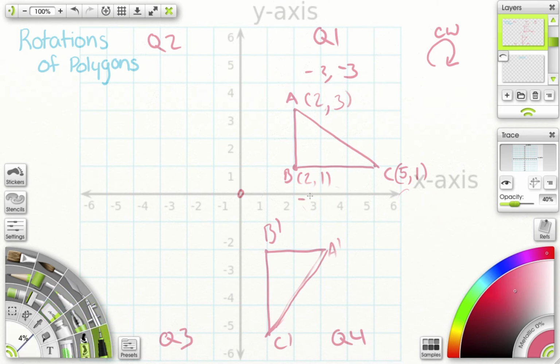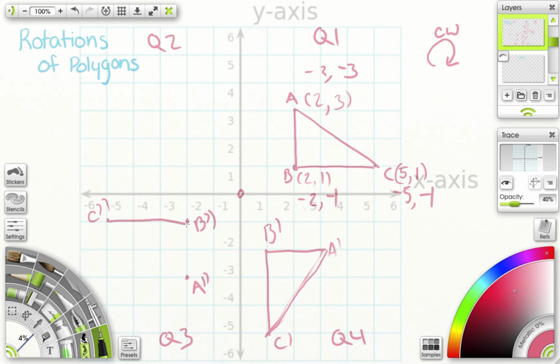So it becomes -2, -1, and this becomes -5, -1. And I just plot my points. So A is -2, -3, so -2 down to -3 is A prime prime. B is -2, -1, so -2, -1 is B prime prime, and C is -5, -1, C prime prime.